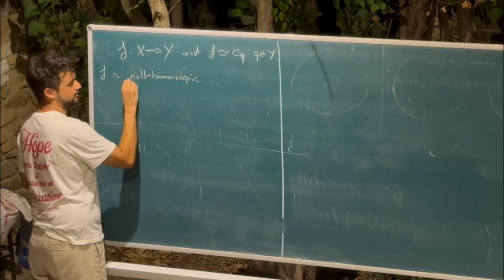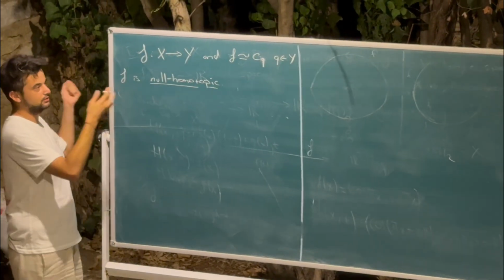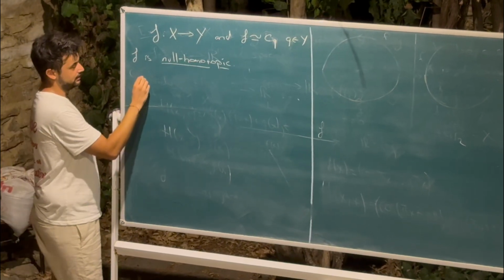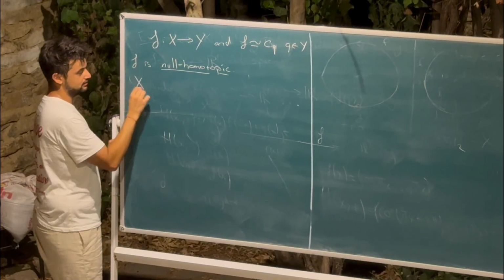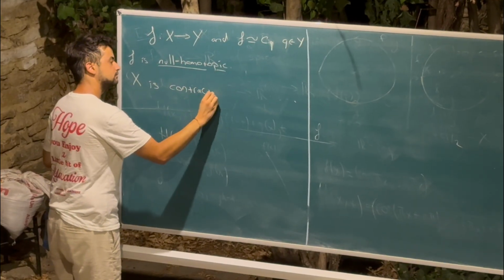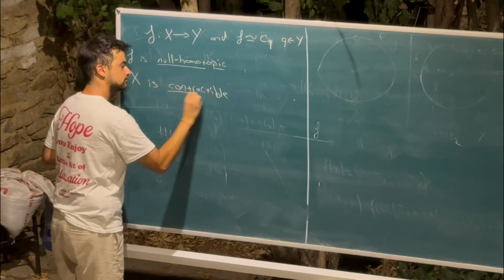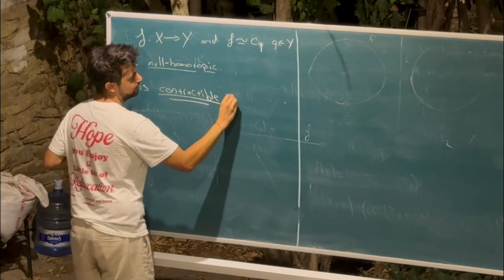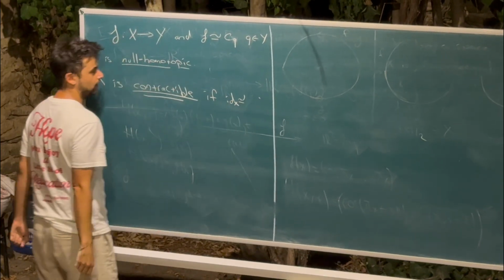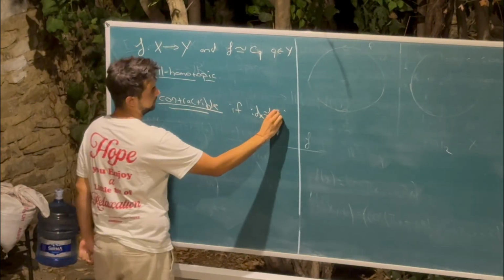It's just a fancy name to mean it's homotopic to the constant map. And we say that X is contractible if the identity of X is homotopic to the constant map.